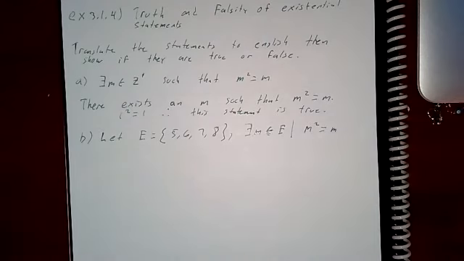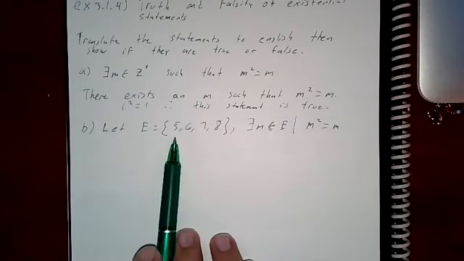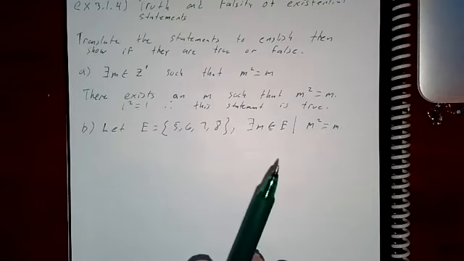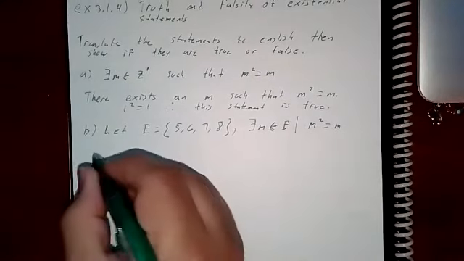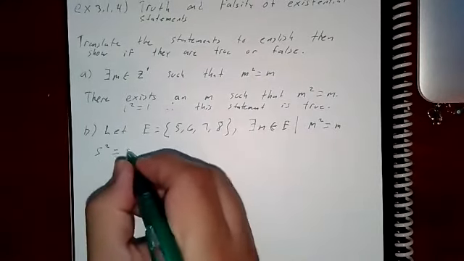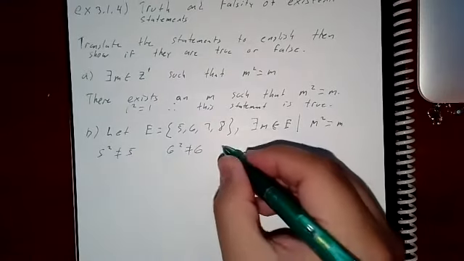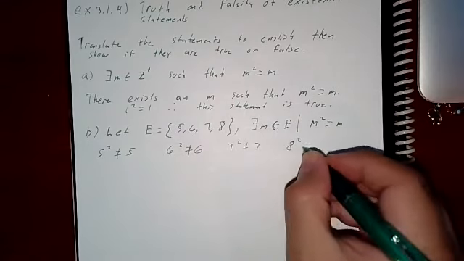So is that true? No, all we need is one for it to be true. If I square these, I get 25, 36, 49. So no, it looks like none of them will be true, right? 5 squared does not equal 5. 6 squared does not equal 6. 7 squared does not equal 7. 8 squared does not equal 8.